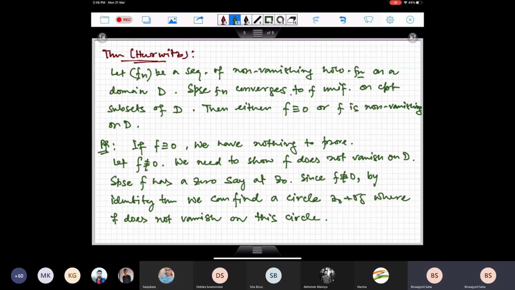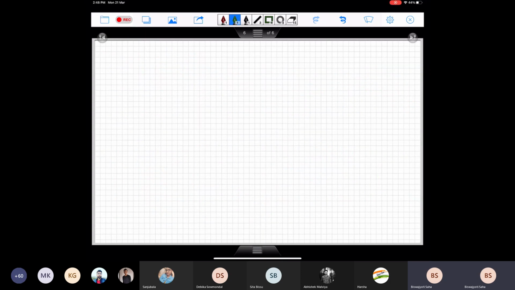Okay. So this sequence of functions Fn converges to F uniformly on compact subsets. Fn prime will also converge to F prime uniformly on compact subsets.